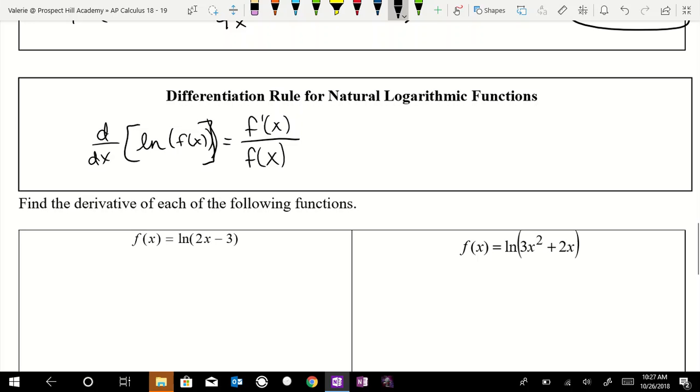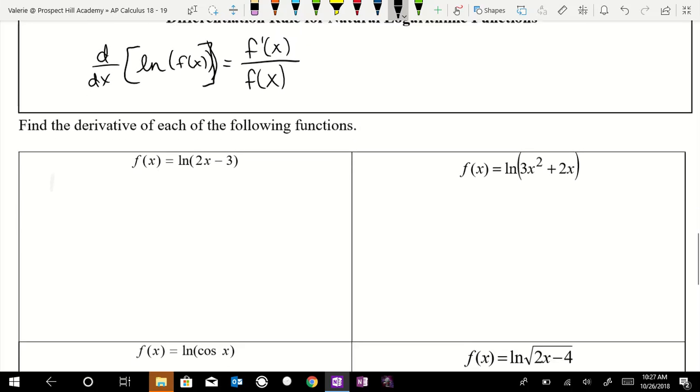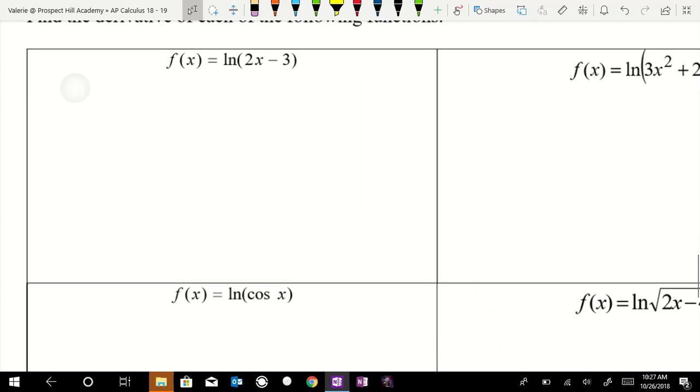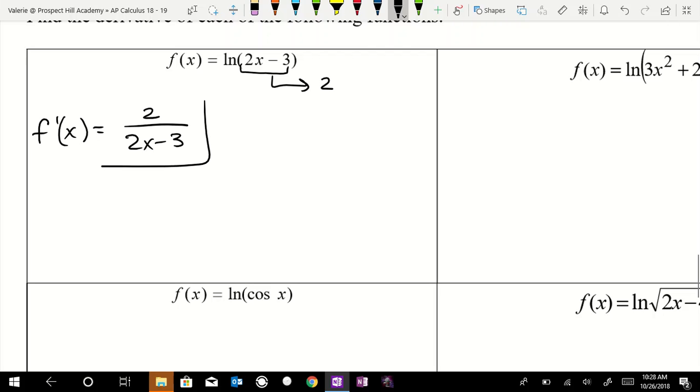So we're going to do the two problems on the left once again. So our first problem is f of x equals ln of 2x minus 3. Right, so this is the inside of that log function, so we need the derivative of that, which will just be 2. So f prime of x will be equal to the derivative, which is 2, over the original, which is 2x minus 3.